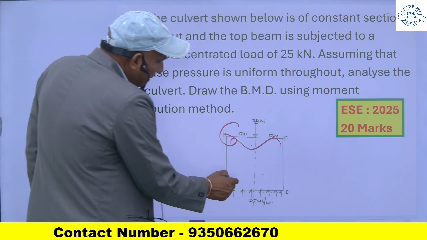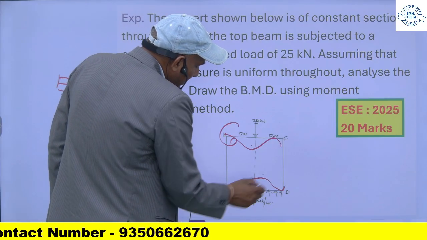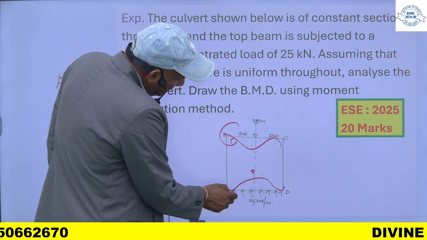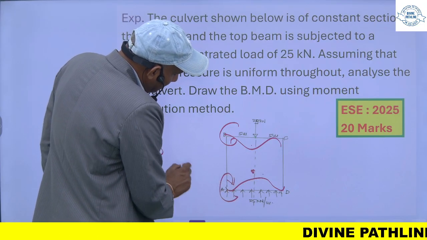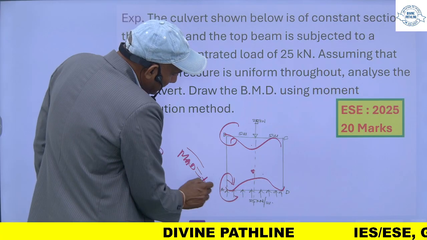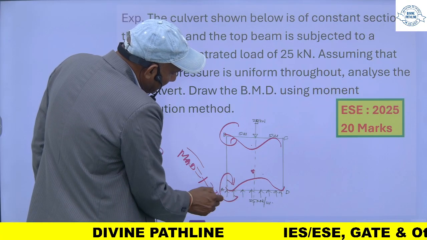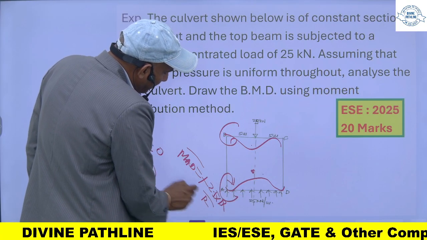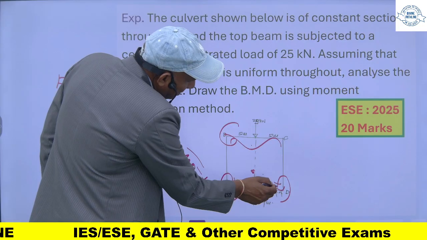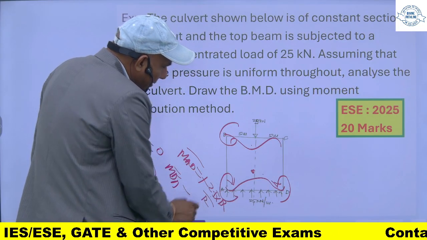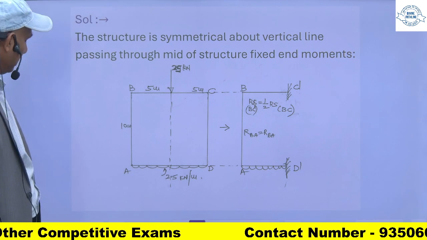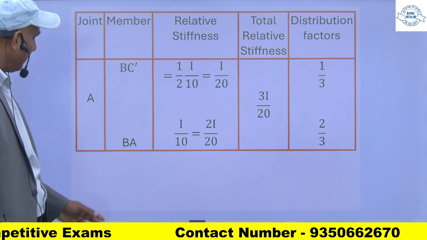And if you stand here and see, this will be clockwise. So MAD will be plus 2.5 into length 10 square upon 12. This is the formula. MDA is anti-clockwise, so it will be minus of this. So this way you can find the fixed end moments. These are my fixed end moments.